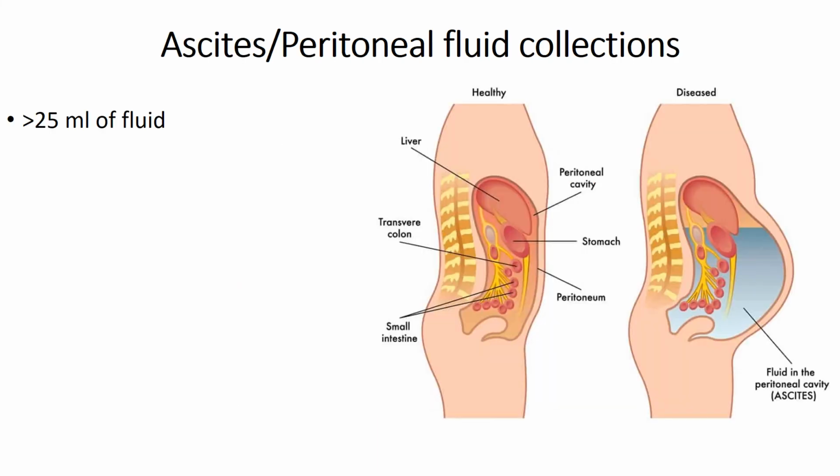As we know, between the parietal and the visceral peritoneum in the peritoneal cavity, there is only a thin amount of fluid, and when this fluid exceeds 25 ml, it is known as ascites, or the collection of peritoneal fluid.